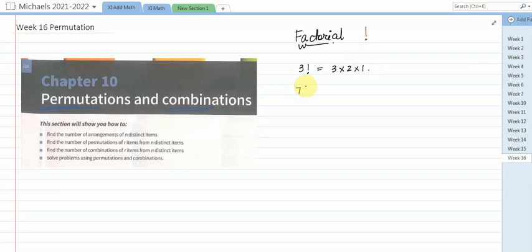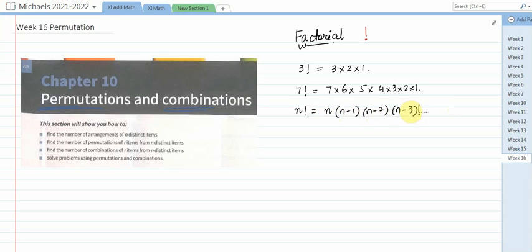If it says 7 factorial, it means 7 into 6 into 5 into 4 into 3 into 2 into 1. If you are talking about n, it will be n minus 1, n minus 2, n minus 3, and it continues.